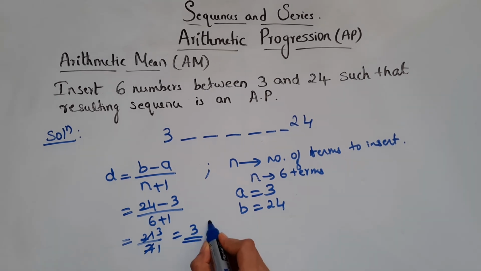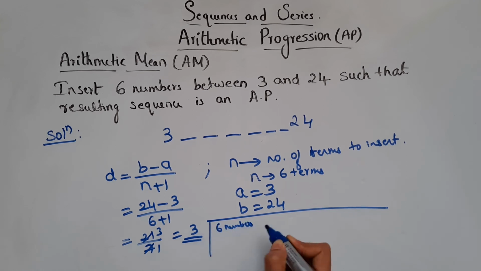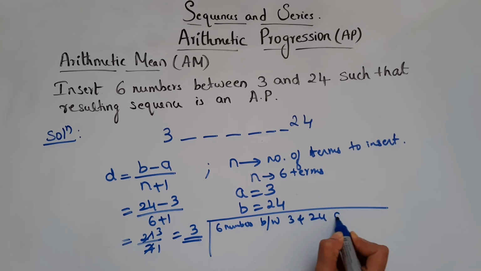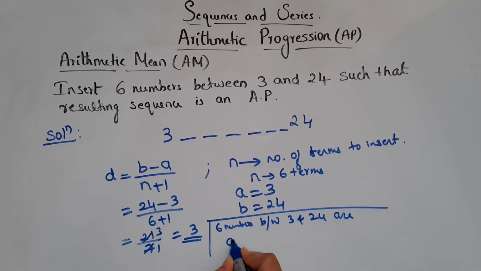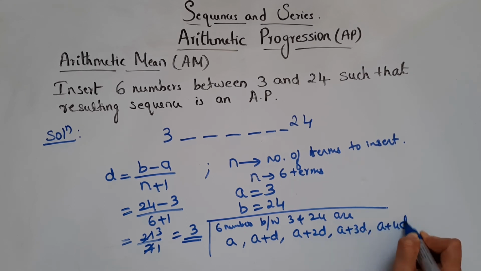So let me write the sequence here. Hence the 6 numbers between 3 and 24 are, we know in an AP, the first term is a, the second term is a plus d, the third term is a plus 2d, the fourth term is a plus 3d, a plus 4d, a plus 5d, and so on, right?